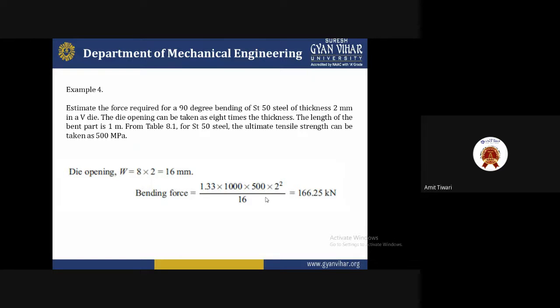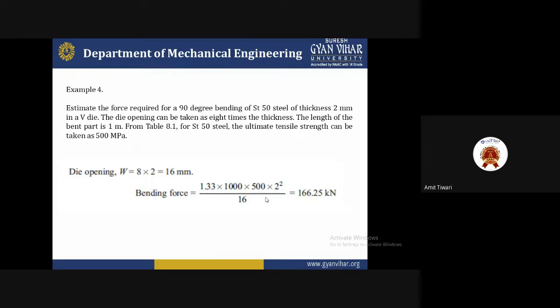For the steel of this thickness, the ultimate tensile strength can be taken as 500 megapascal. Once again, I repeat this question: estimate the force required for a 90-degree bending of 50 steel of thickness 2 mm in a V die.